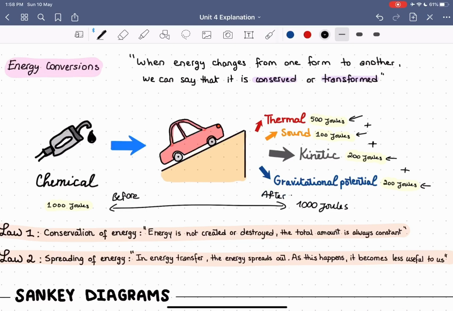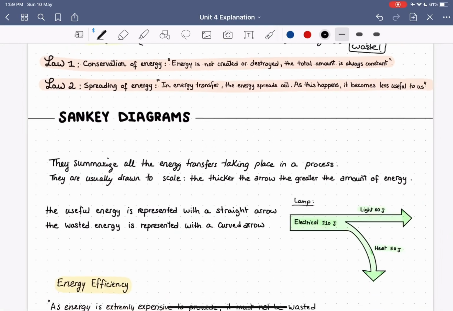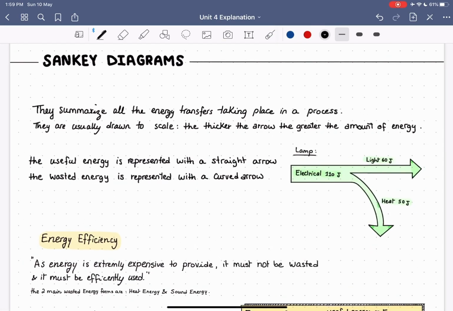But unfortunately, not all the energy after we start the engine is converted into useful energy. Some is considered as waste energy. In order to know how efficient an object is, we can use Sankey diagrams. A Sankey diagram summarizes all the forms of energy transfers taking place in a process.